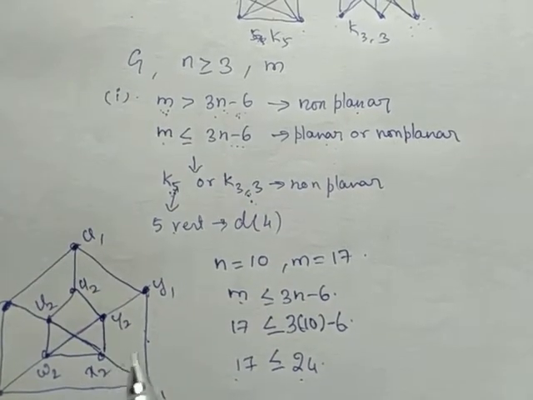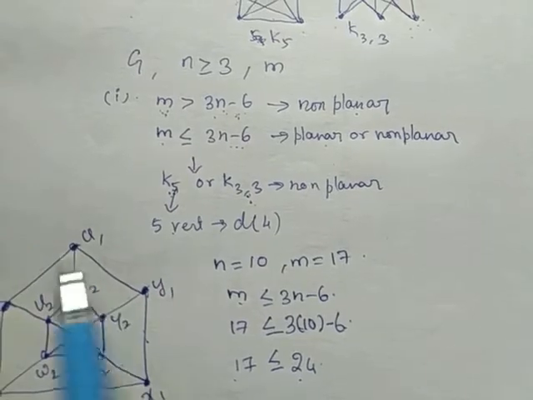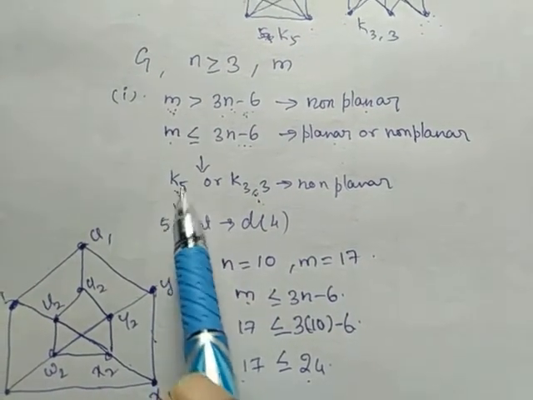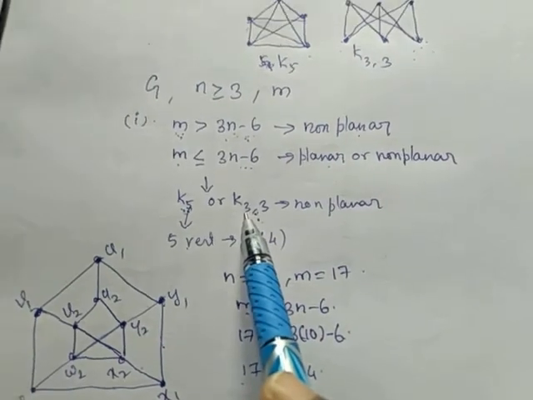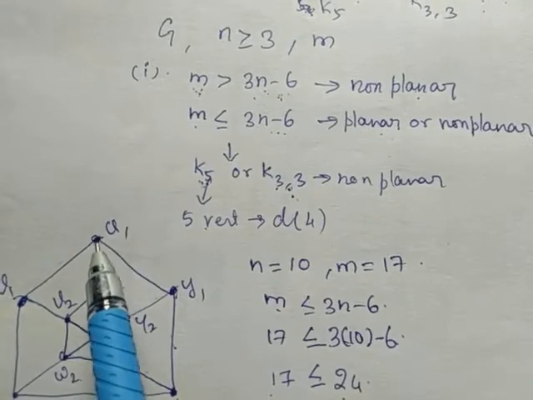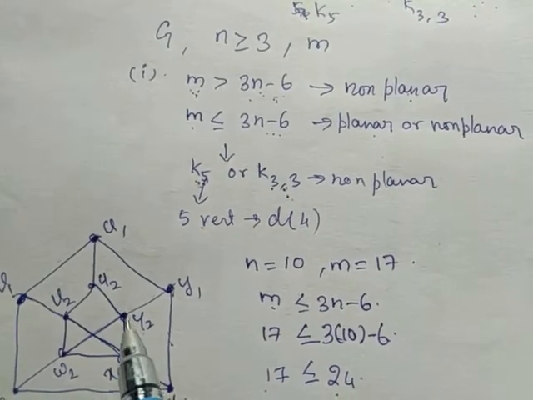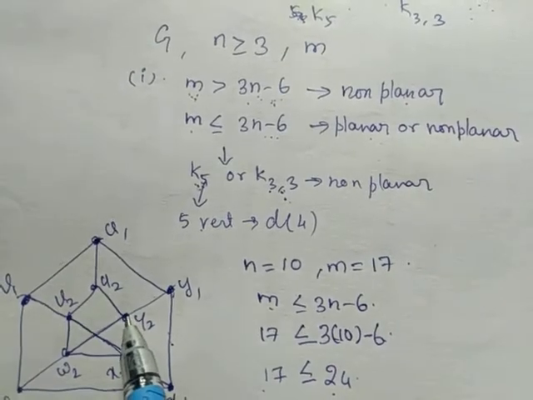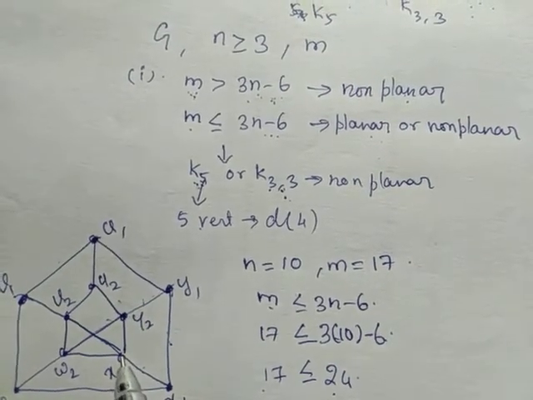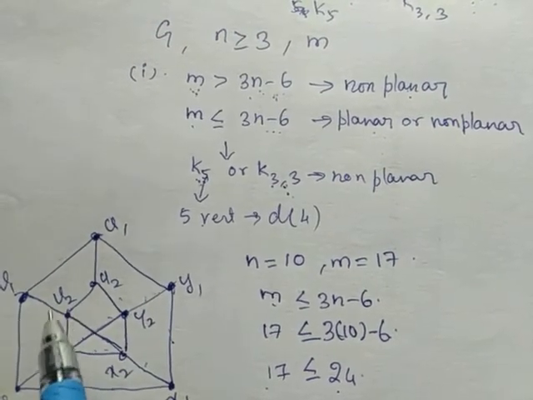So how to check whether it is planar or non-planar? If this graph is non-planar, it has K5 or K3,3 as its subgraph or subdivision. Degree of U1 is 3, degree of U2 is 3, degree of Y2 is 4, X2 is 4, W2 is 4, V2 is 4.